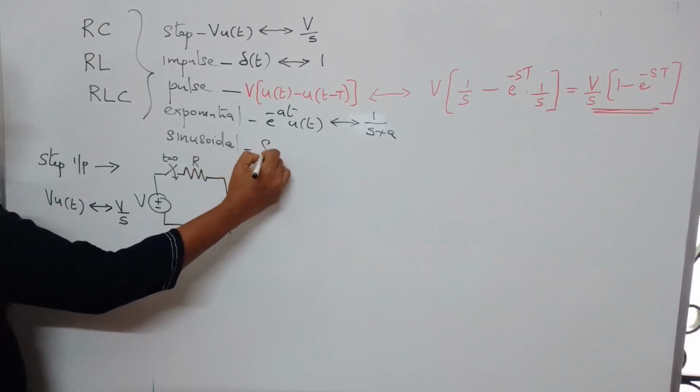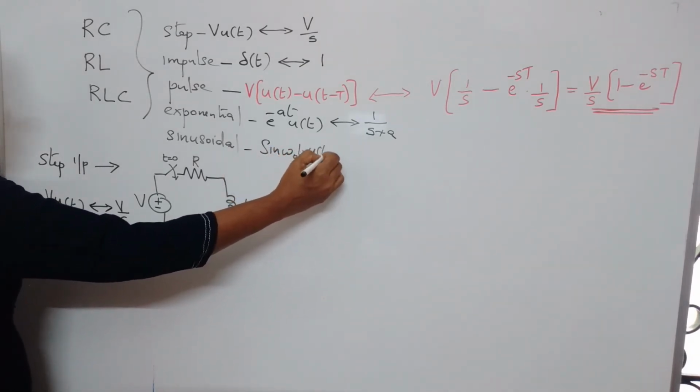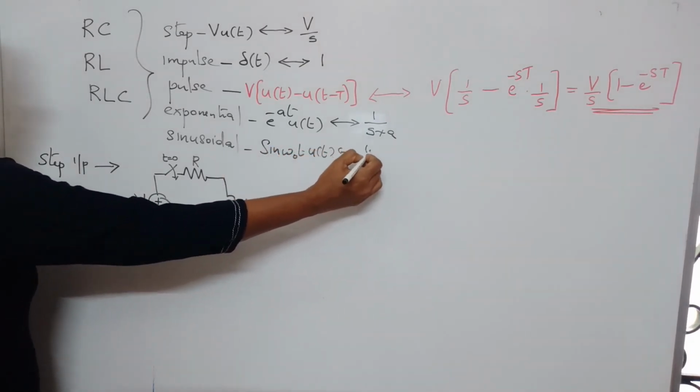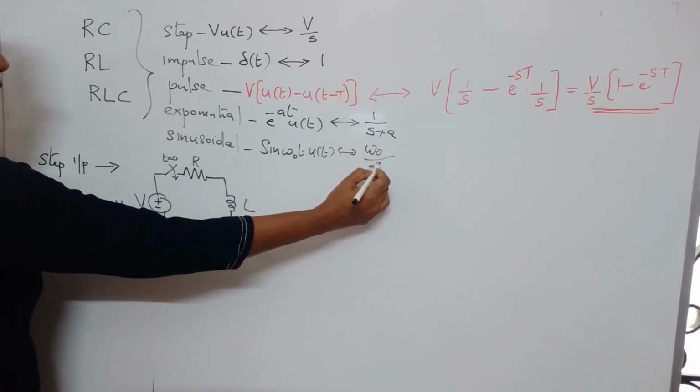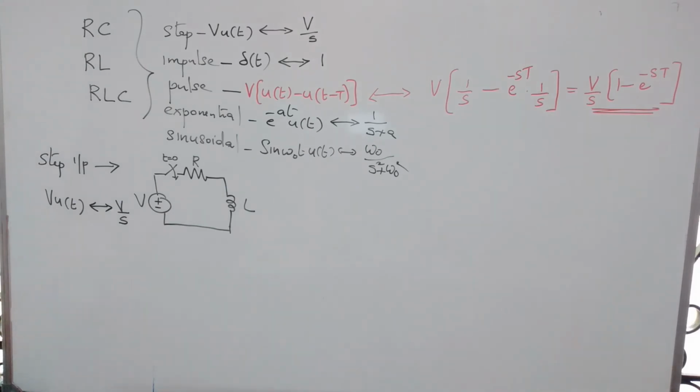Similarly, sin omega naught t u of t is omega naught by s square plus omega naught square. So we will see analysis of RL, RC and RLC circuits for these 5 inputs: step input, impulse input, pulse, exponential and sinusoid.